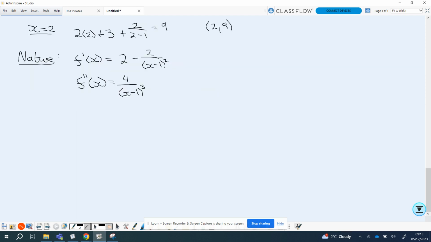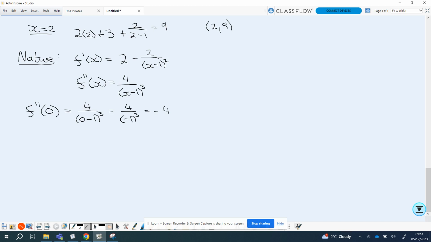Now what we're going to do is use that to get our values here. So we substitute in our x values. Our first value was 0, so that's going to be 4 over 0 minus 1 all cubed. So that's 4 divided by negative 1 cubed, which comes out to be negative 4.